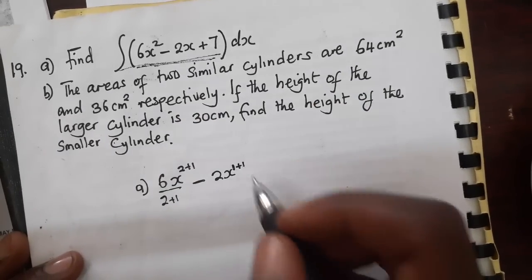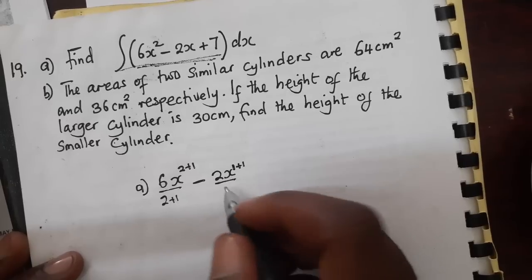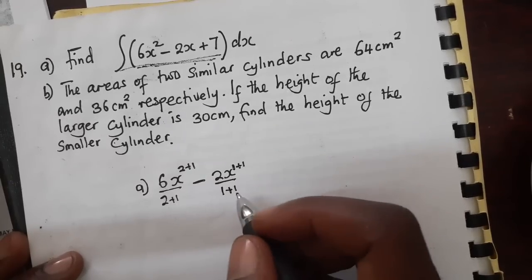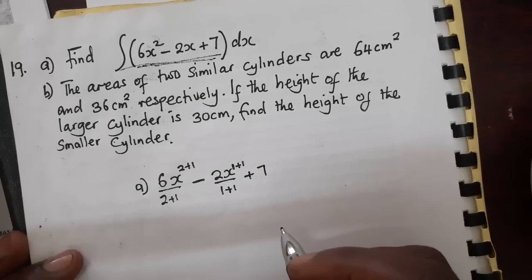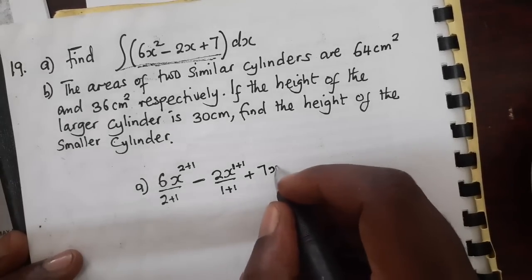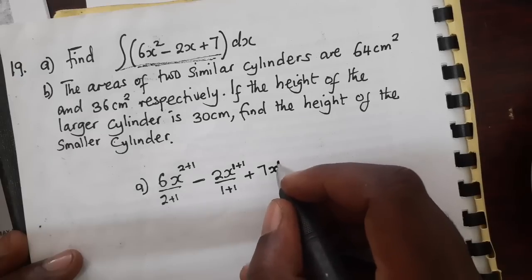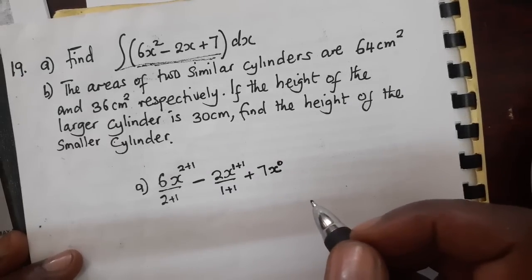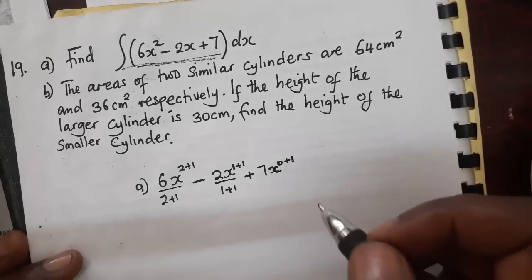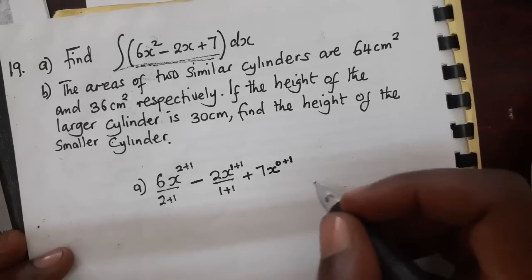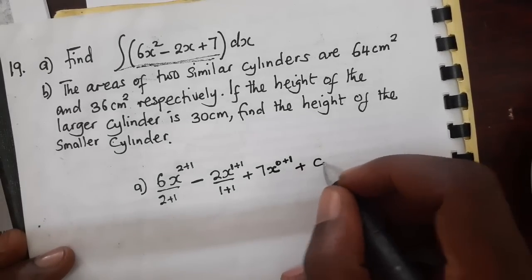So we add another 1 over 1 plus 1 plus 7. Now, on this 7, it's like we have an invisible x which is raised to the power 0. Okay? So now, at this point, we need to add a 1 here. Okay? From here, we add a constant.